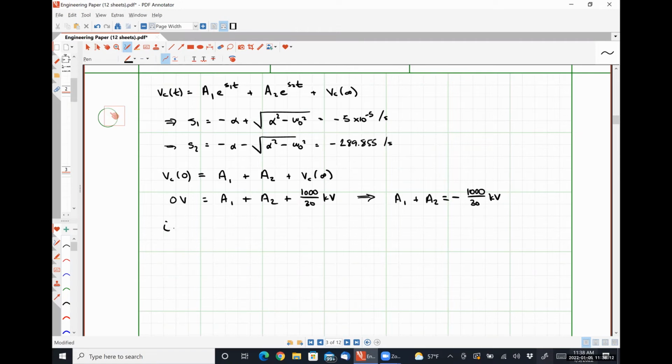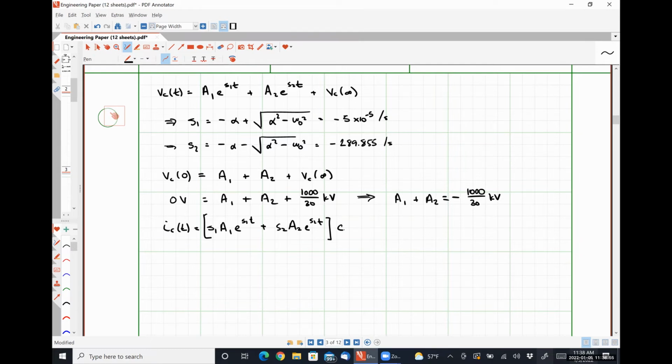Our capacitor current IC of t, using my table here, will be of the form S1 A1 e to the S1 t plus S2 A2 e to the S2 t, with brackets around this whole thing, multiplied by C. I apologize.